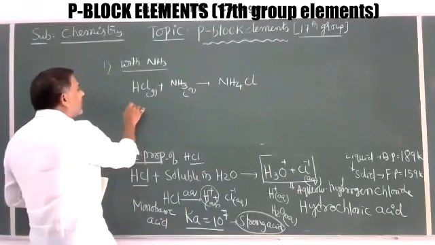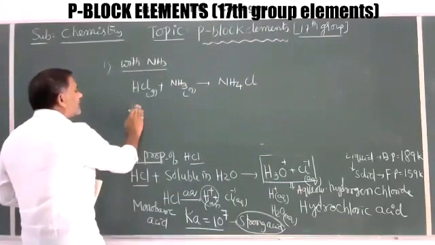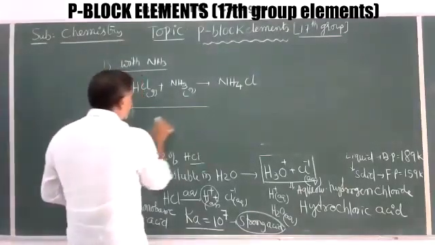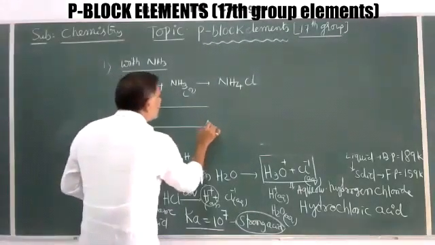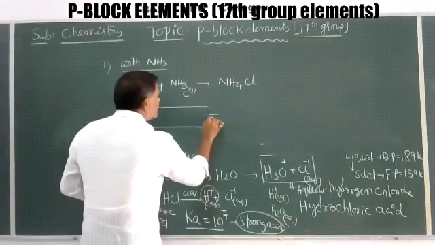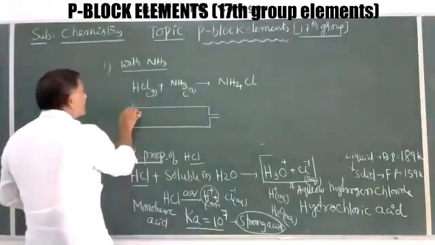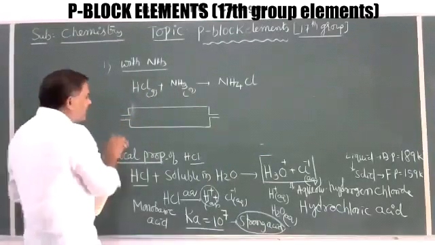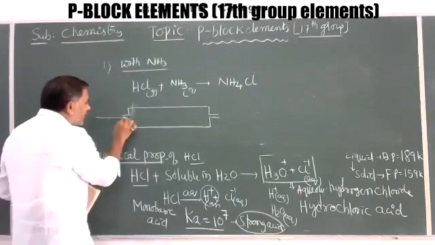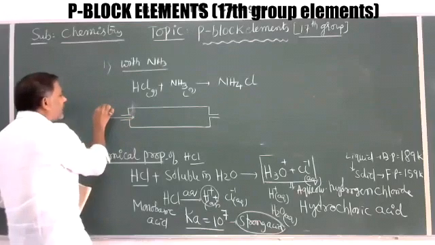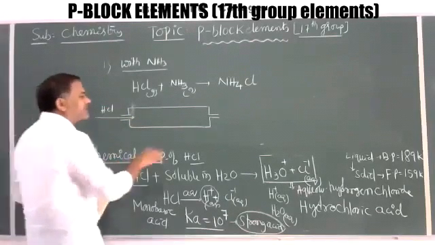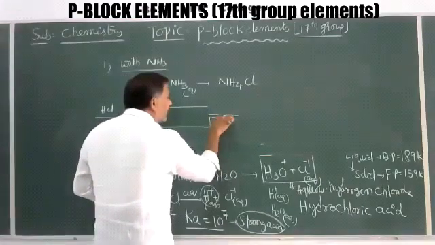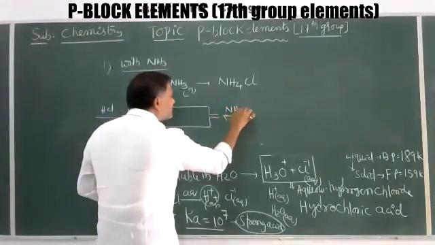One year a simple question was asked based on this. There is a copper tube like this, connected to two inlets. Through one inlet hydrochloric acid is passed, and through the other inlet ammonia gas is passed.